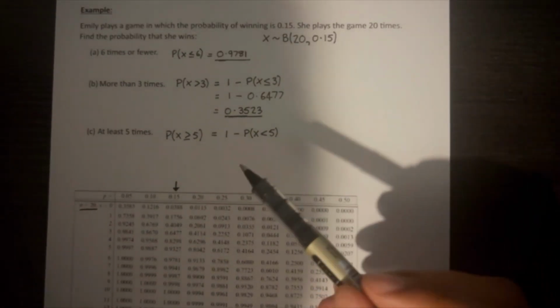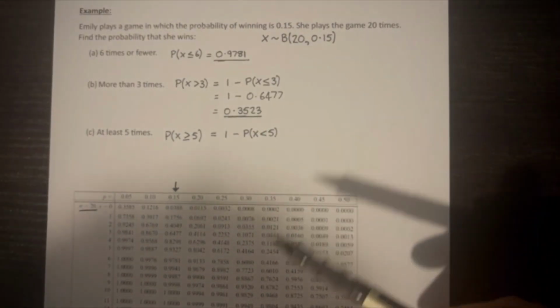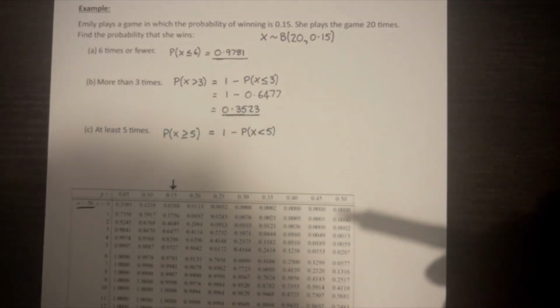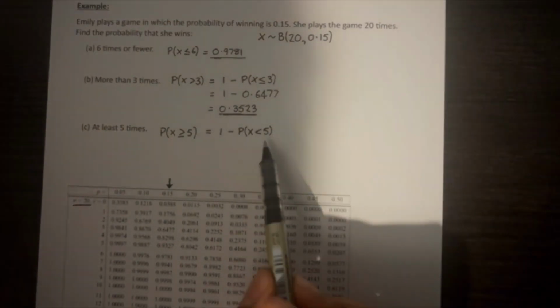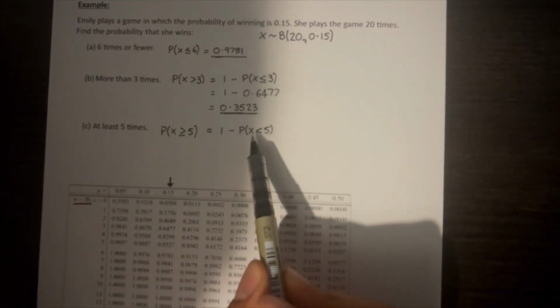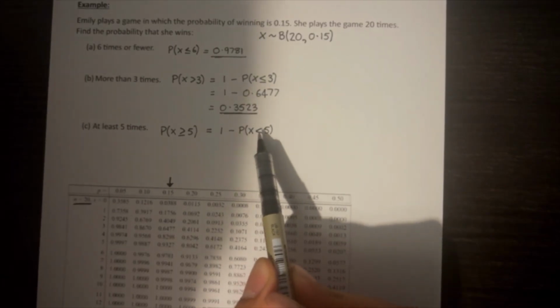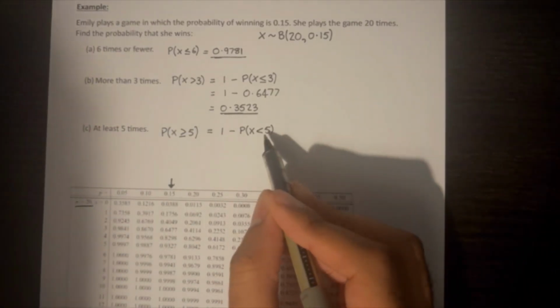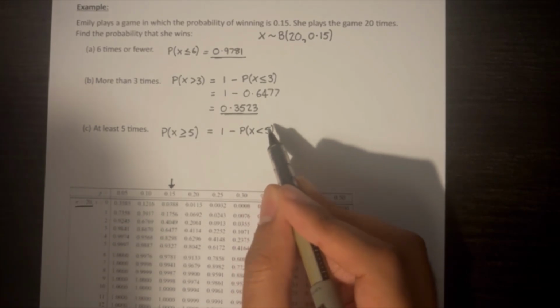Now, our binomial distribution was a discrete distribution. Our number of successes could only take a whole number of values, 0, 1, 2, 3, and so on. So if we're considering a situation where x is less than 5, being less than 5 must mean it is less than or equal to 4.